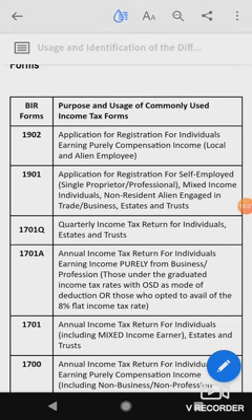We have 1701A. This form is an annual income tax return form for individuals who are earning income purely from business or profession, those under the graduated income tax rates.